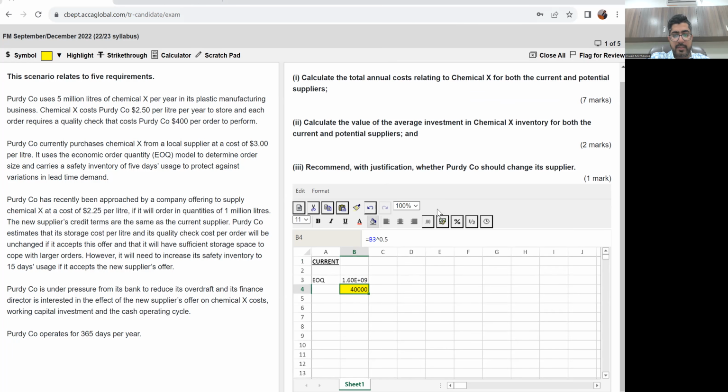That's the current, because currently the company uses EOQ, and the potential supplier is asking, I will give you 2.25 if 1 million liters. So 40,000 is the current order size, and 1 million is the new size.